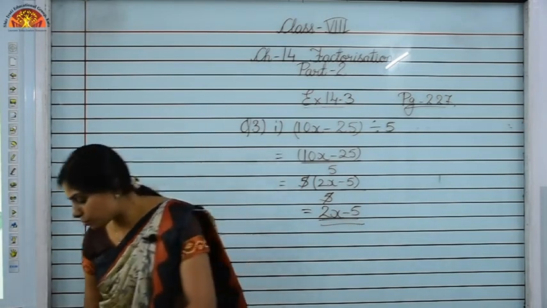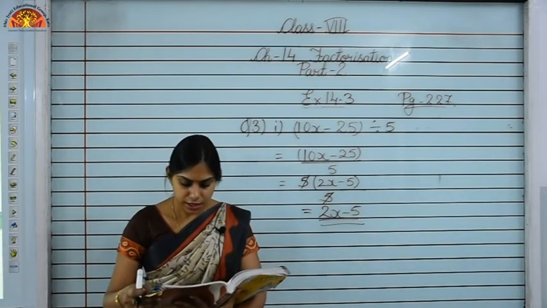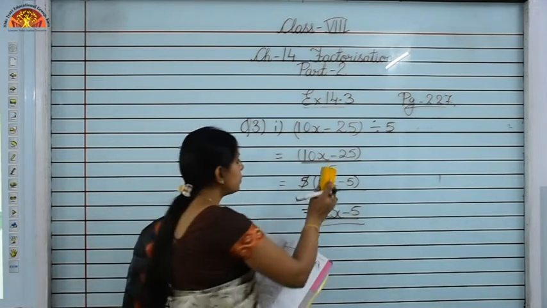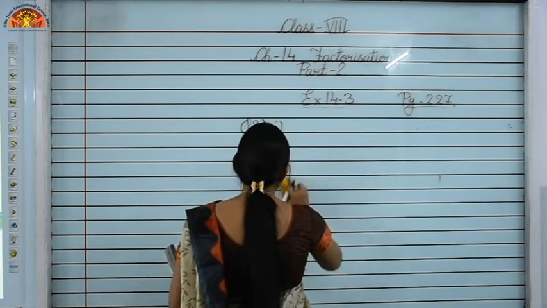Now we will just see the next question. Now just see question number 3, fourth part. We will solve question number 3, fourth part. So children, you can just write down the question.